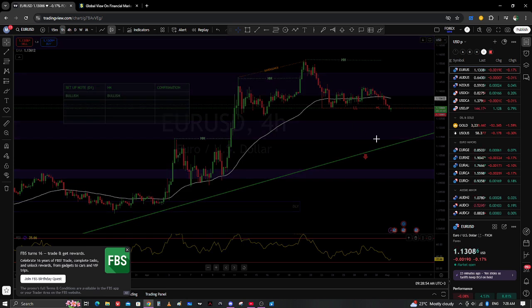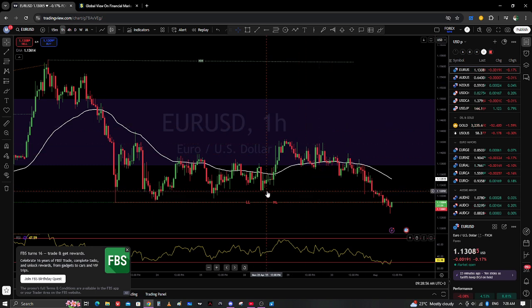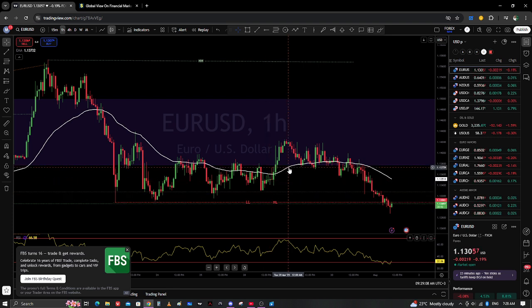Coming down to the 1 hourly, we can see, remember, our USD is bullish. Here we are supposed to have a clear bearish trend, right? We have a descending triangle instead of an ascending triangle in the other one. Then we have a bullish breakout, but it did not sustain.